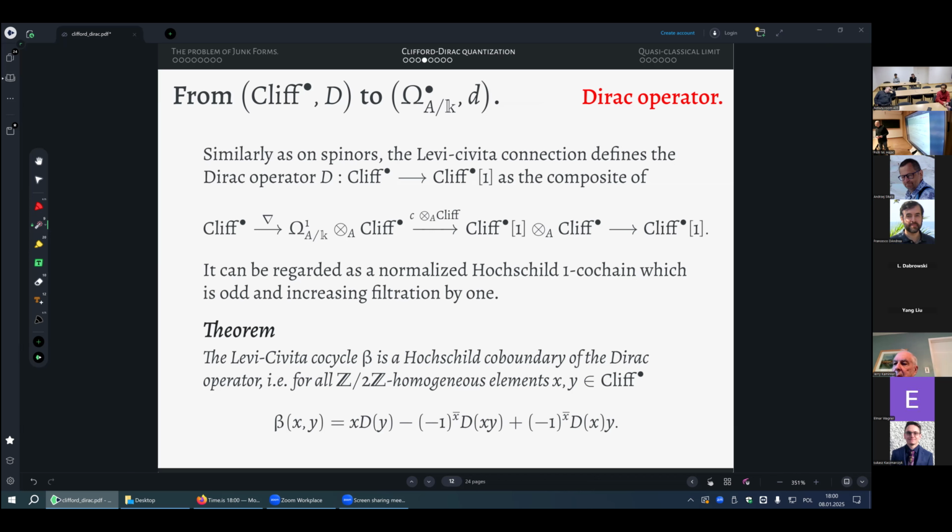And then we still have that these things are related. How? This Levi-Civita cocycle beta is the coboundary of the Dirac operator, which means it satisfies the following Z2 graded generalization of the condition of being a cocycle.